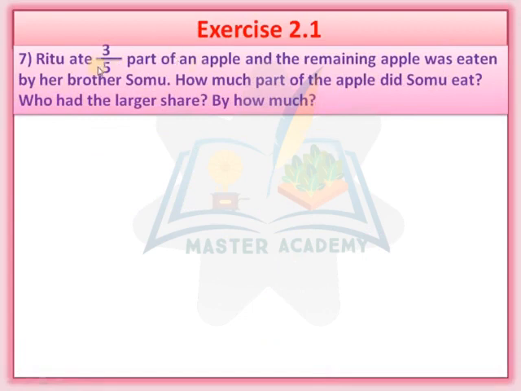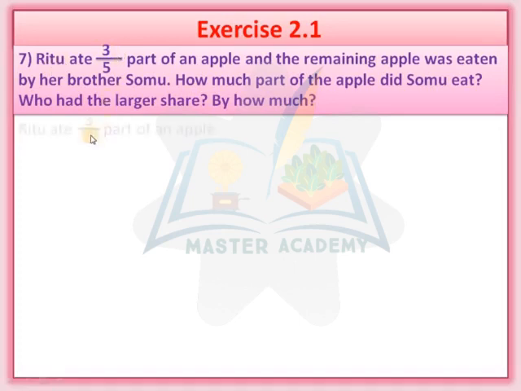Ritu ate 3/5 part of an apple, and the remaining apple was eaten by her brother Somu. How much part of the apple did Somu eat? Who had the larger share? By how much? Now Ritu ate how many pieces? Among 5 pieces, she ate 3 pieces.